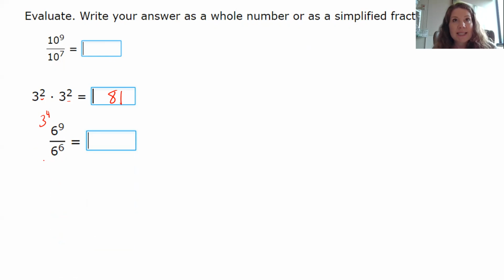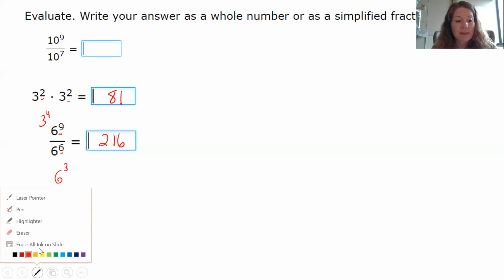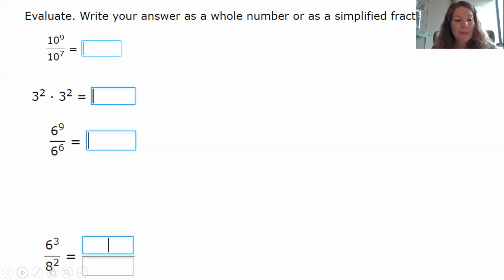I'm going to divide by 6 6s on the bottom, or in other words, I'm thinking what's 9 minus 6? So that would be 3. So 6 caret 3 is 216. Hopefully you guys have the right calculator that'll make these easier for you.